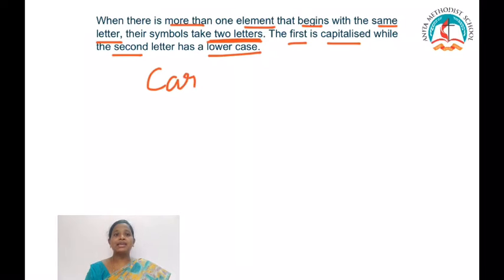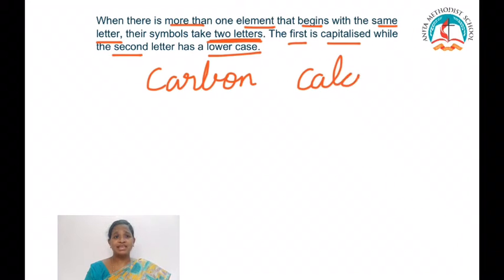For calcium, I can't take C again because it is already denoting carbon. So, in this case, I have to take the first letter and also the second letter as the symbol. So, for calcium, Ca is the symbol. The first letter is capital C followed by a lowercase a. So, Ca is the symbol of calcium.